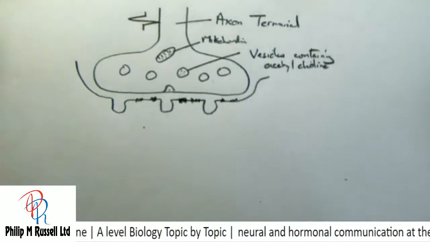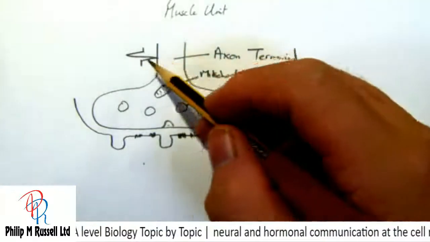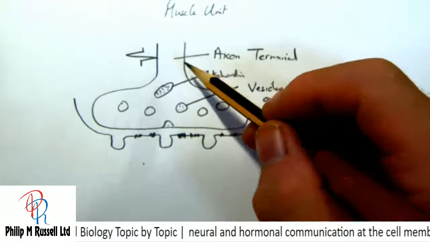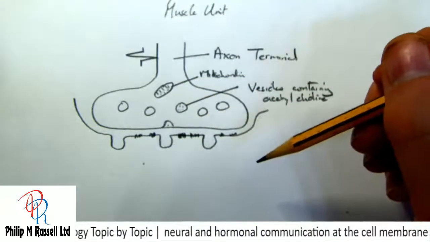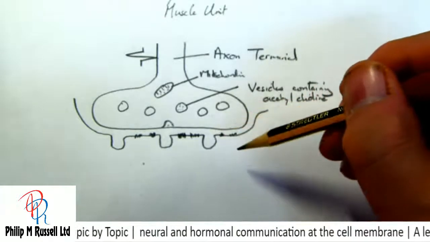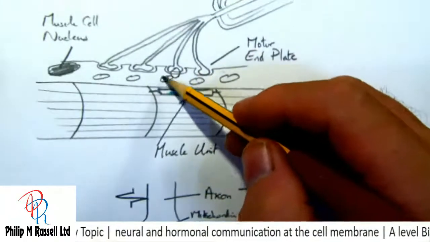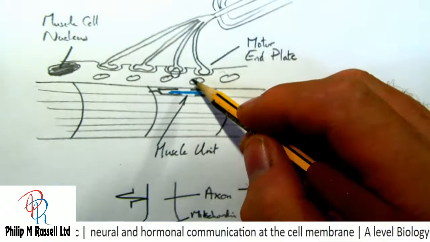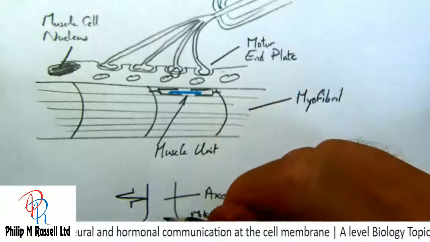So what's going to happen? Well, the muscular contraction is going to be triggered when this action potential arrives at this neuromuscular junction. There are many neuromuscular junctions along the length of the muscle, and I've tried to give you an idea of that here, so that when the nerve fires, all the muscle fibres contract simultaneously.